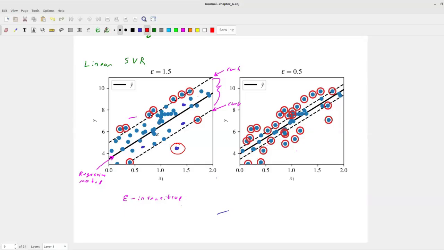So you can use that to your advantage by setting a margin. And again, we're going to set our margin with our parameter epsilon. And that will help us set our margin here. So here we have a very wide epsilon, and then here we have a somewhat narrow epsilon of 0.5, and here we have a wide epsilon of 1.5.